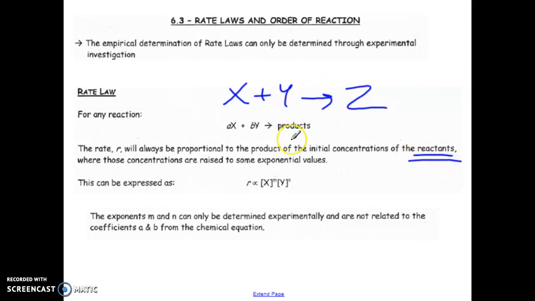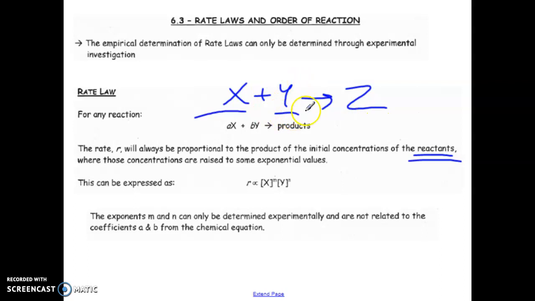So in your rate law, you would never have a Z as part of your expression. It would be discussing X and Y. So meaning when we change the concentration of X, how would that impact the reaction to produce Z?